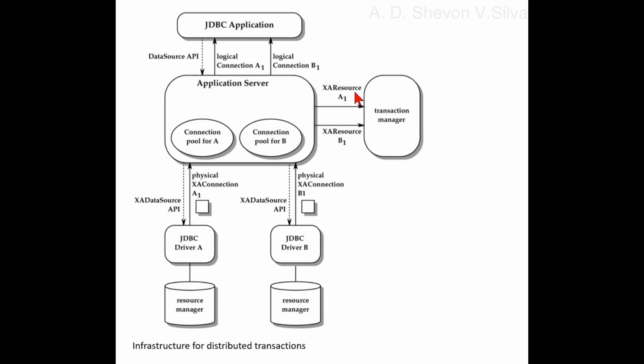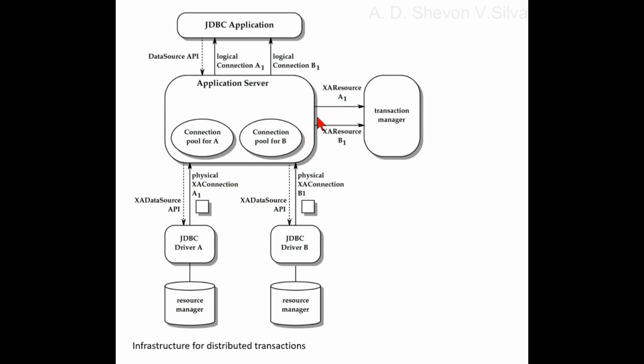An XA resource object is produced by calling the XAConnection.getXAResource method and is used to associate the XA connection object with a distributed transaction. A given XA connection object may be associated with at most one transaction at a time.